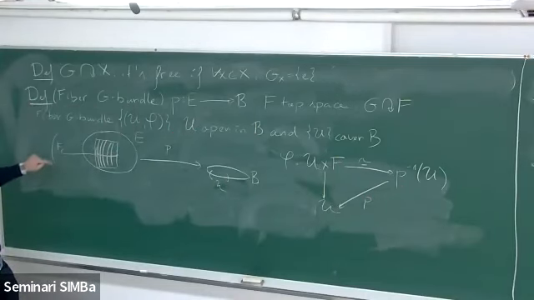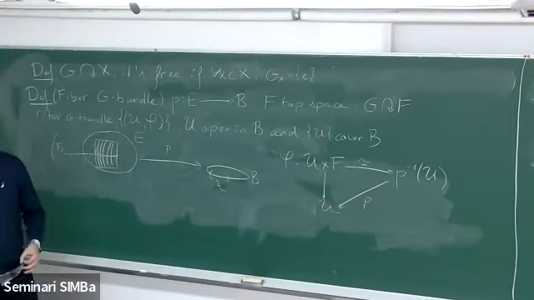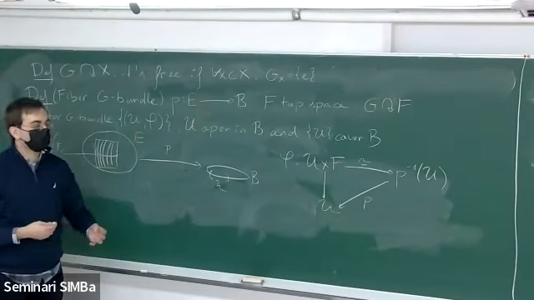But if we have a group action on F, this gives more of a structure like a smooth manifold, in the sense that we can go back and forth between charts.